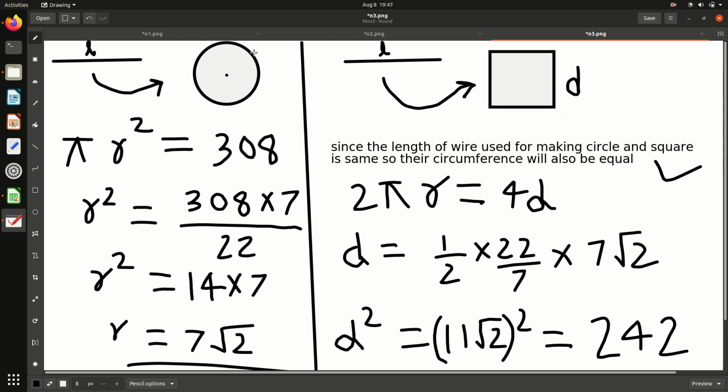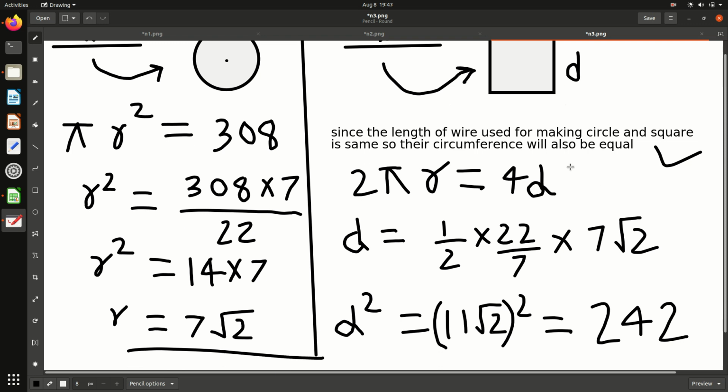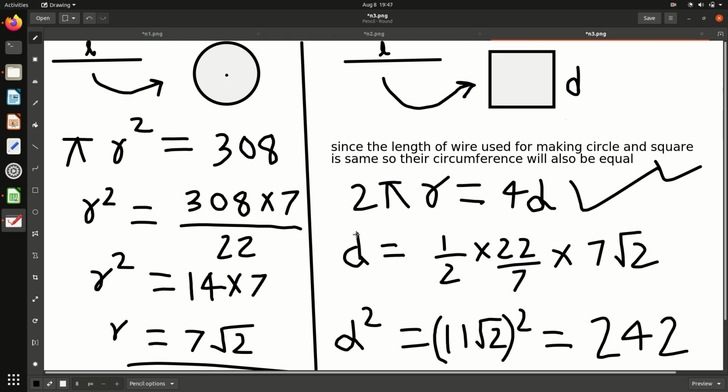It means the circumference of this circle and the circumference of this square will be the same, because the length of wire used is the same. So this conclusion we are using. We will make the circumference of circle equal to the circumference of square.